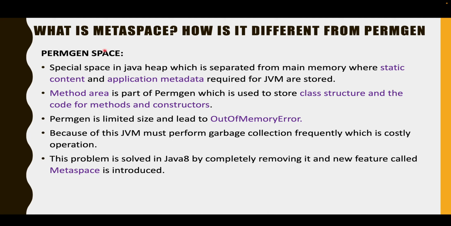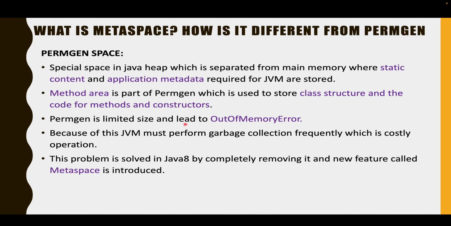What do we store in the Permgen space? We store the static content, the application's metadata, the class structure and the code for the methods and constructors. All these are stored in the Permgen space, which is a fixed space of limited size, and which may often lead to an out of memory error.